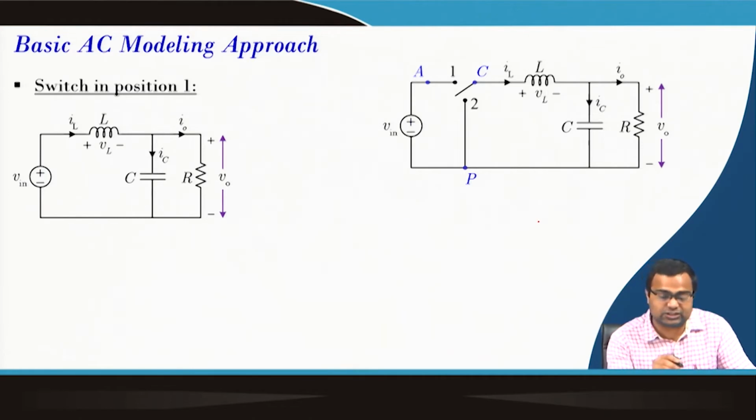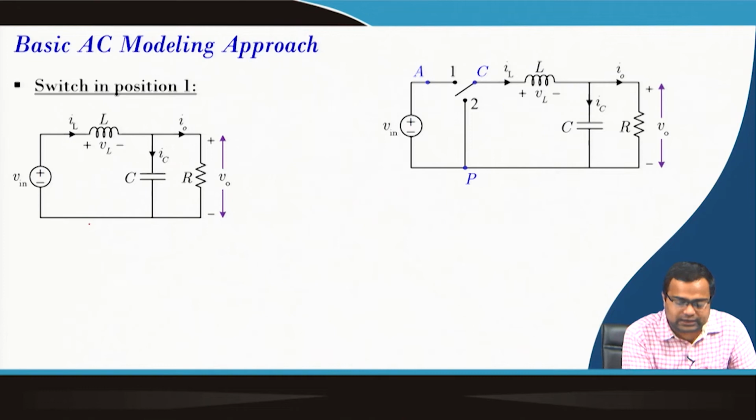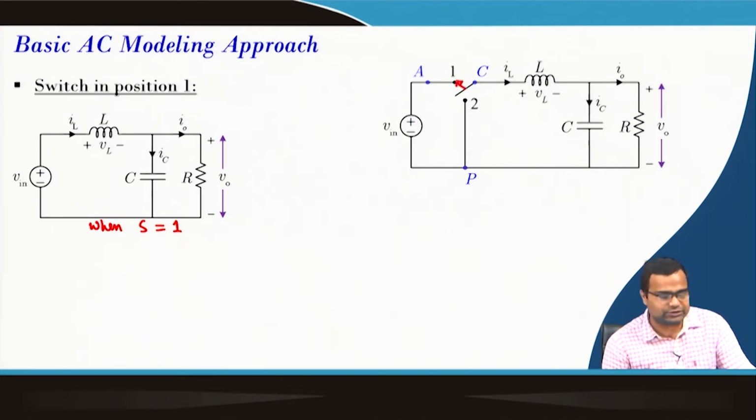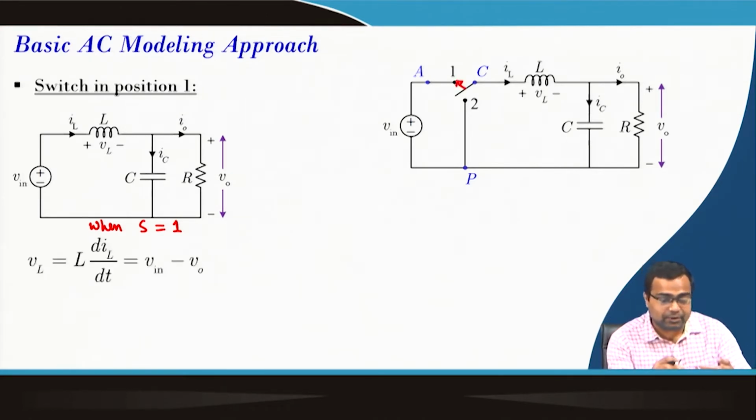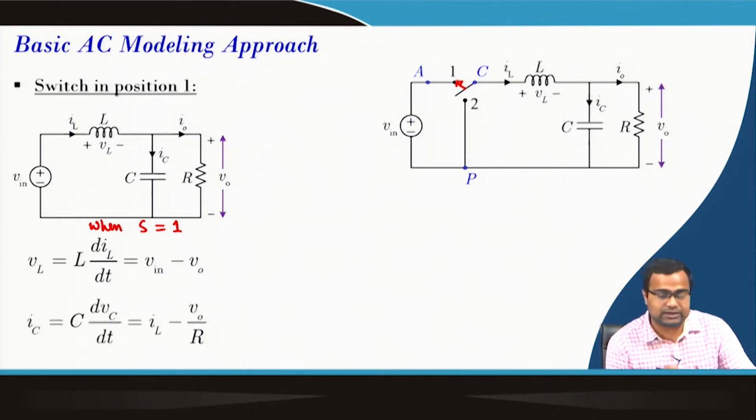For example, when the switch is on, this is the equivalent circuit, when S is in position 1, that means it is connected to position 1. This subsystem is simply like an RLC circuit, and we can write down all the equations corresponding to this switch state.